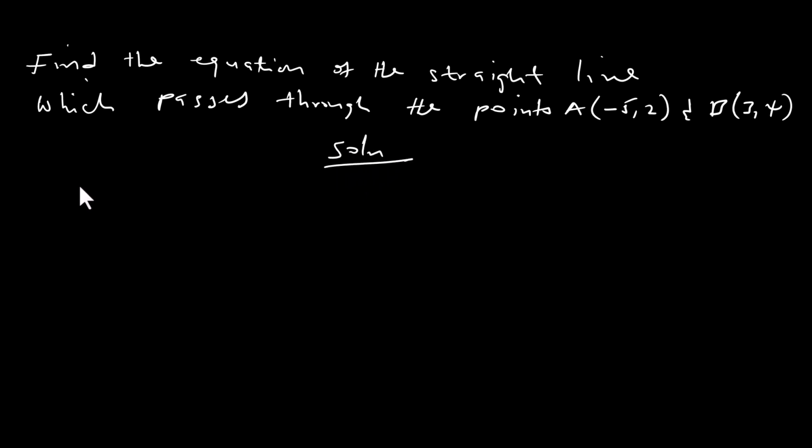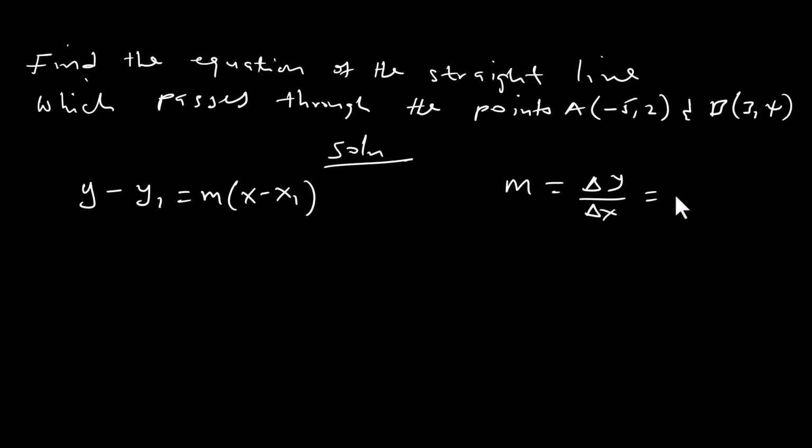All right, so the formula is y minus y1 equals m times x minus x1. We need to find our m from the points. Our m will be the slope, change in y on change in x. So y2 minus y1 on x2 minus x1.